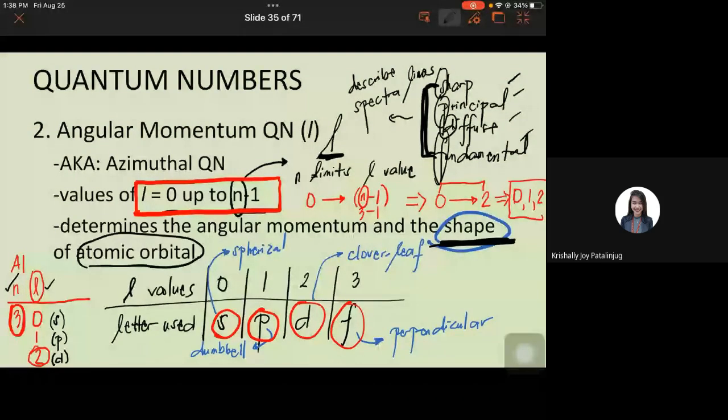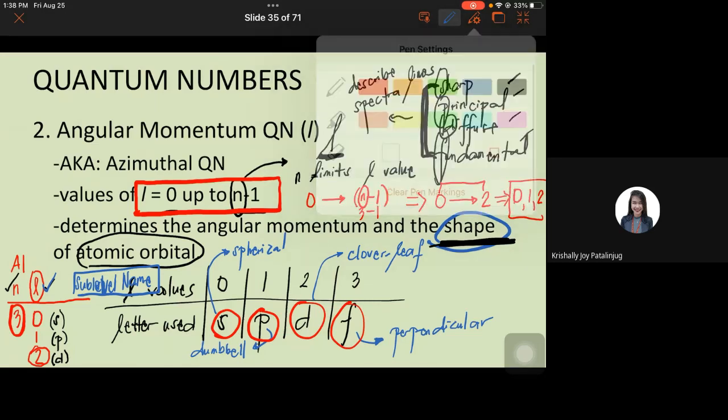You will also be asked questions about the sublevel designation, or the sublevel name, given only the n and the L value. So how will you write the sublevel name? The sublevel name will only consist of, let me erase this part.